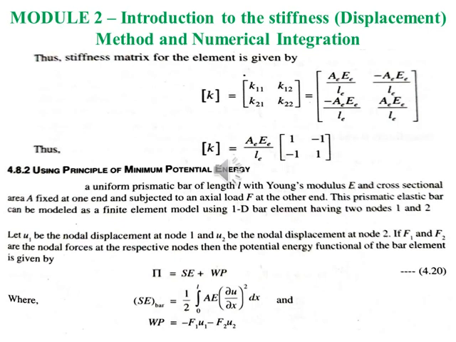So the figure in the next slide shows a uniform prismatic bar of length L with Young's modulus E and cross-sectional area A, that is fixed at one end, and it is subjected to axial load F. Consider the same figure that is used in the direct method.